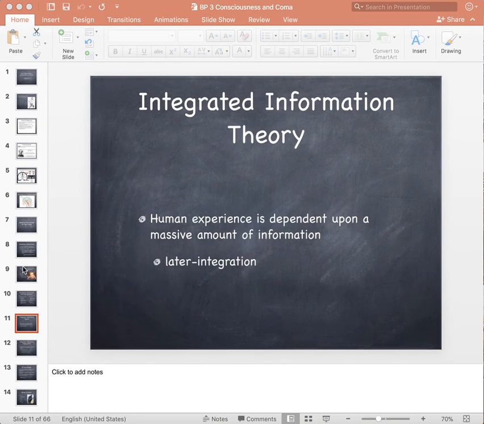That was really great. Okay, so this is the integrated information theory, which is that, just to state the obvious, human experience and consciousness is dependent upon a massive amount of information. But it's not just information, it's also its integration. So remember, 100 billion neurons, 100 trillion synapses, and they need to resonate together.